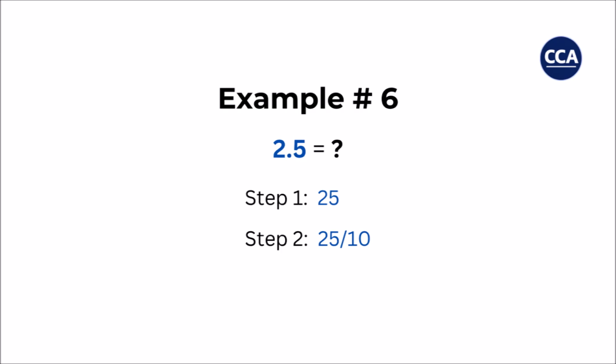Now simplify. 25 over 10 becomes 5 over 2. And if you want, you can also write that as a mixed number. 2 whole and 1 over 2. So, 2.5 is equal to 25 over 10. It's also equal to 5 over 2, and it's also equal to 2 whole and 1 over 2. This is very useful because it shows the same rule still works.